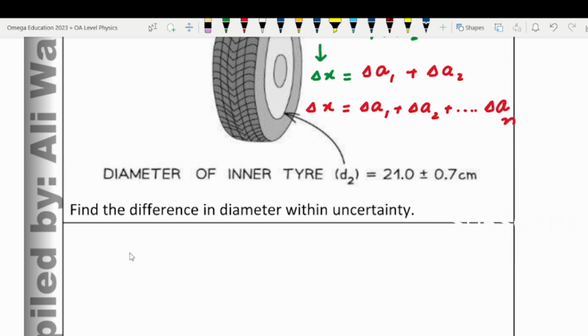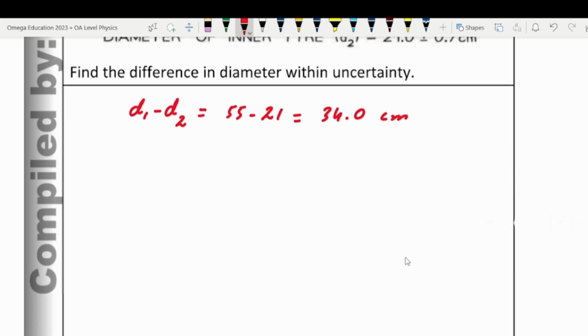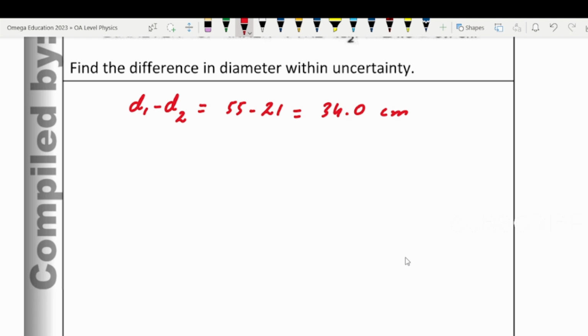The difference in the diameter, I can write it as d1 minus d2 because d1 is the greater one. If I subtract these two, it will be 55 minus 21. And what do you get from here? You get 34.0 centimeters. So this is the final value for the difference in diameter.